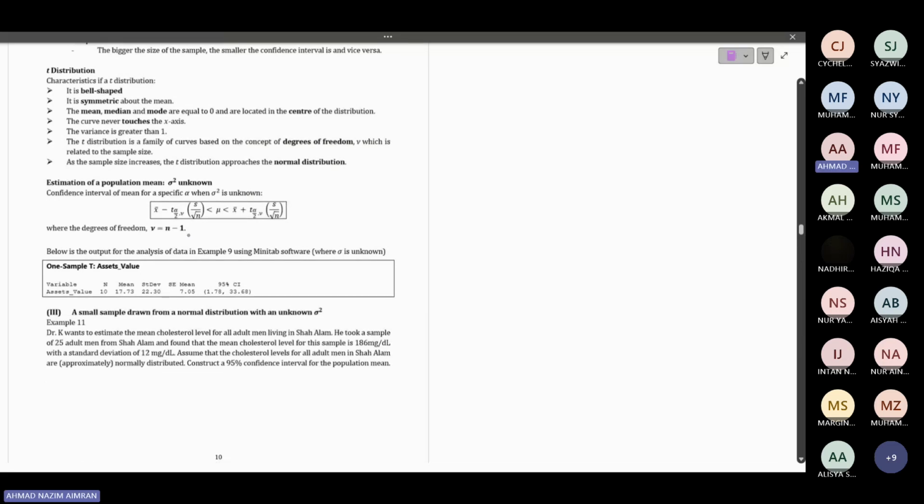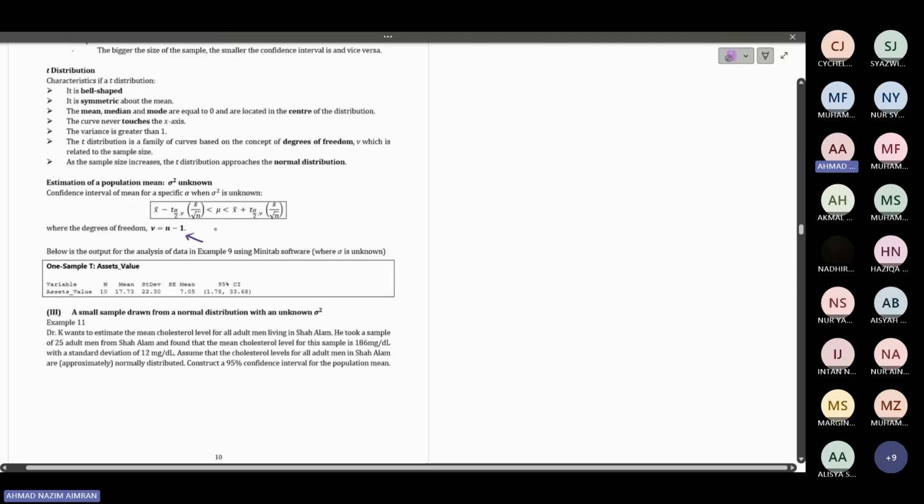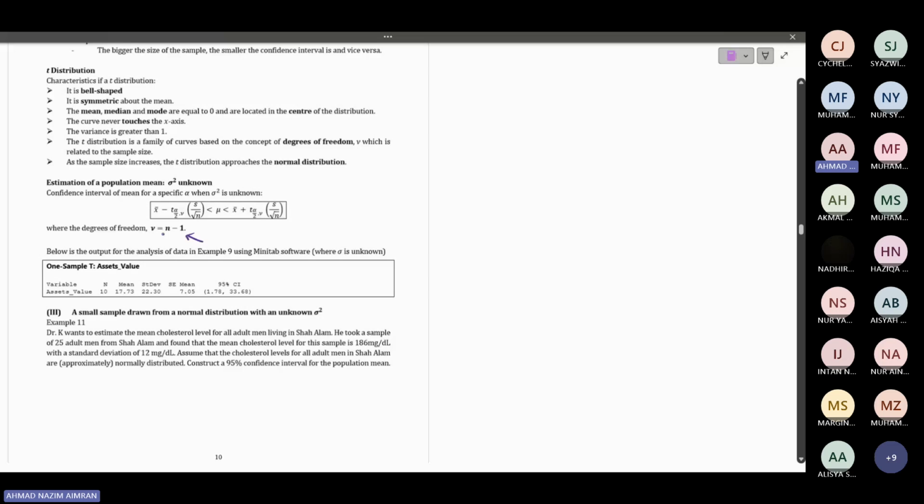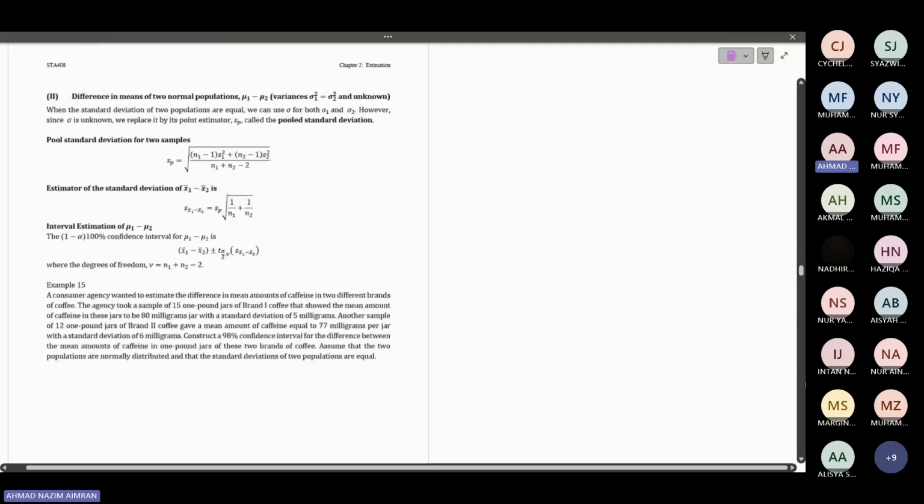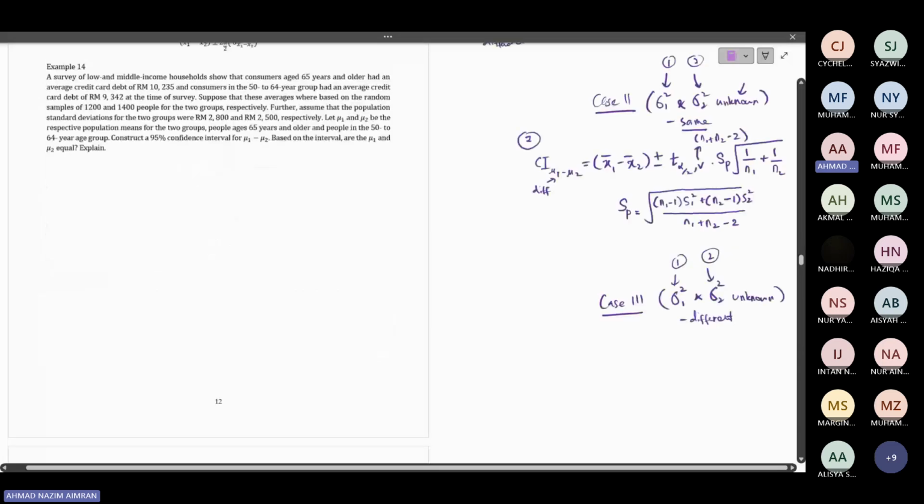This is the degree of freedom, n minus 1, because we only have one population. But now we have two populations, then the degree of freedom is n1 plus n2 minus 2.